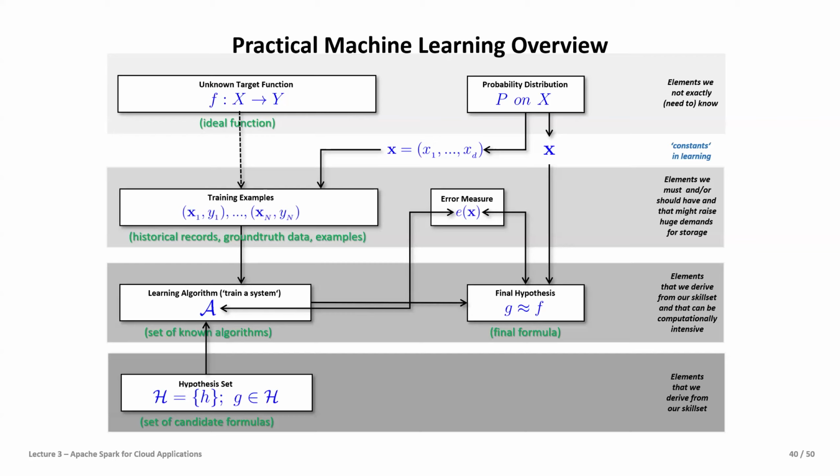Or let's say in healthcare, right? One error in a patient analysis being wrong might cost a life. So this error measure is a bit flexible. And again, machine learning courses should talk much more about it. But this gives you a relatively good picture of where all the different parts are.